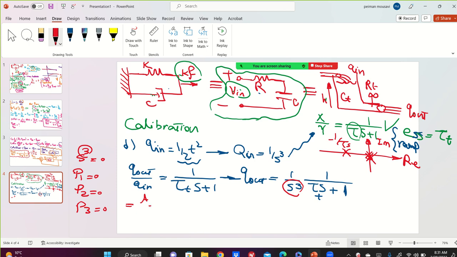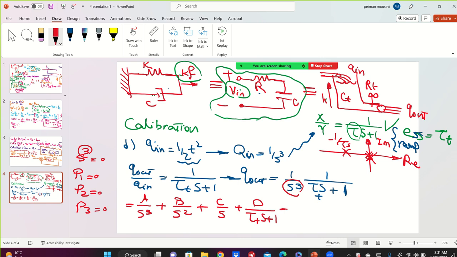So you have to write A over S cubed, plus B over S squared, as we did for the ramp, plus C over S, plus D over tau tank S plus 1. Clear?